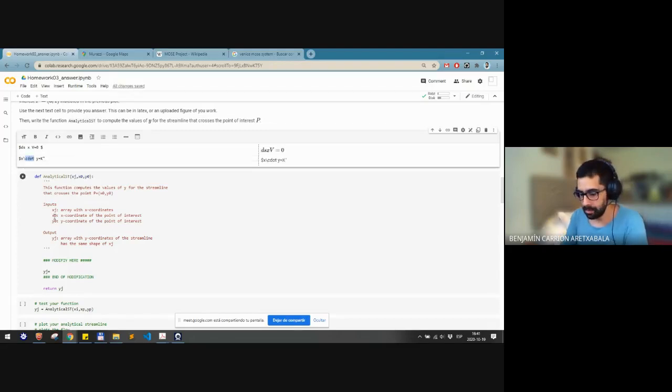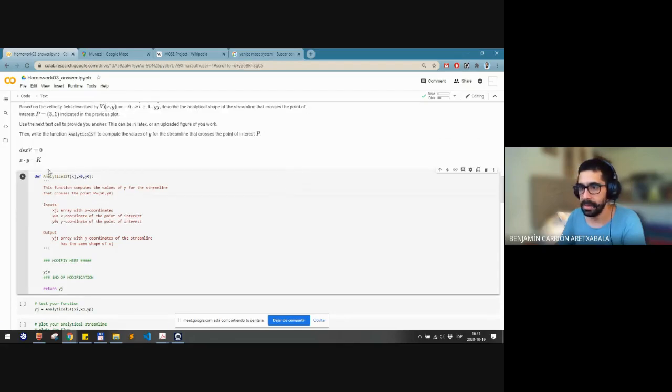Yeah. So all the streamlines look like this. X times y has to be a constant, right? Because dx over u has to be equal to dy over v, right? We did this in class, and it's actually one of the examples in the book. So this should be more or less simple.